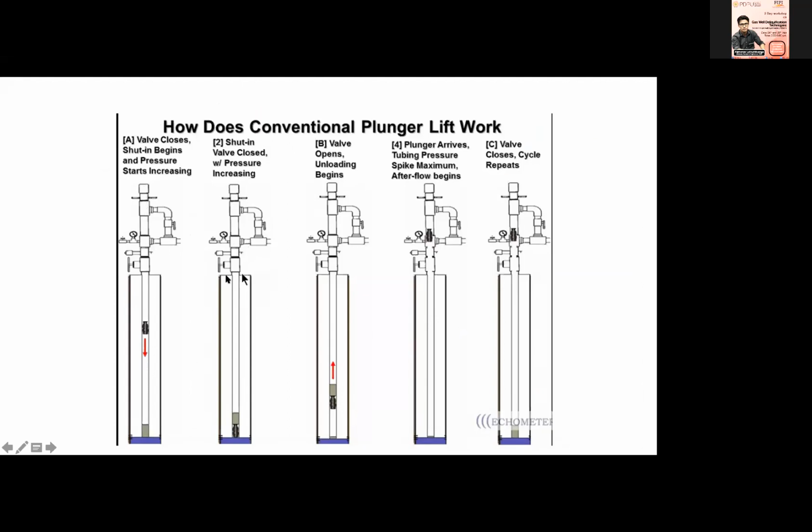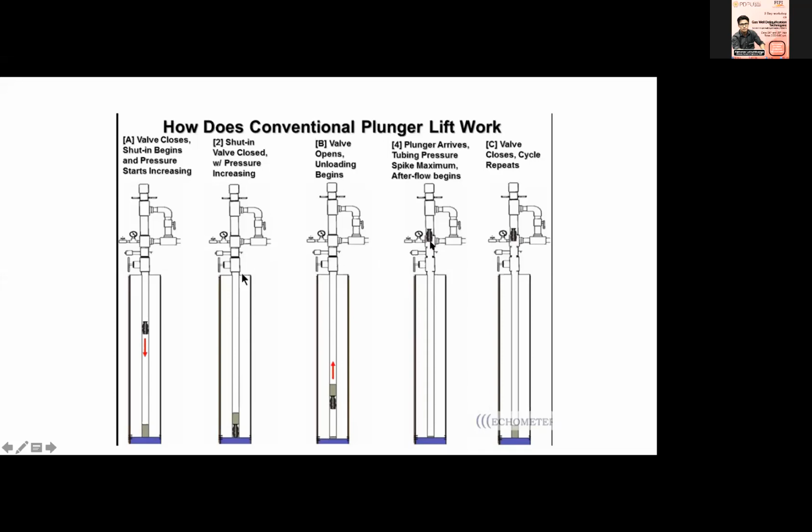After it falls, you are going to monitor your casing pressure as well as your tubing pressure, and then you will decide when to open it. Once you open your valve, your plunger will come up to the surface. Above the plunger, you will have your liquid. Below it, you will have gas.